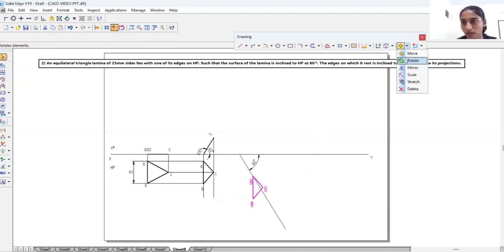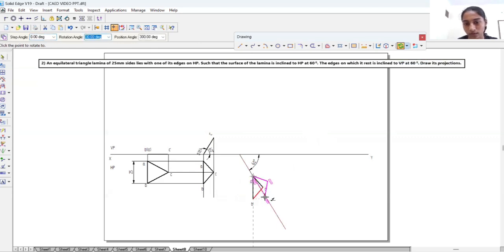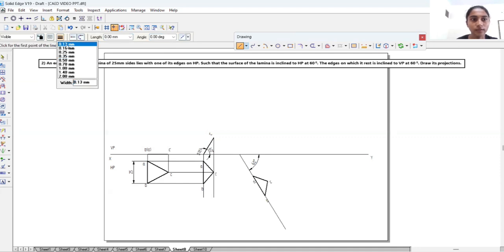Then again we will rotate and move to this side. So this one will be the triangle. Again we will choose the line option of thickness 0.13. We will extend this C up to this one, and this A point we will extend up to the XY line, and the B point we will extend up to the XY line, and this C dash we will extend.